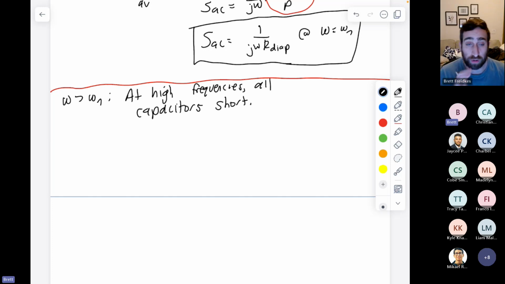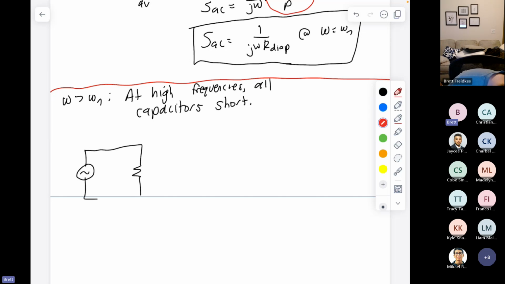If we assume that they're large, but they're not infinite, we'll say the inductors are still present, but ultimately they will open later on. So the capacitor is short. That's that compliant capacitor. We'll have our mass of the diaphragm.